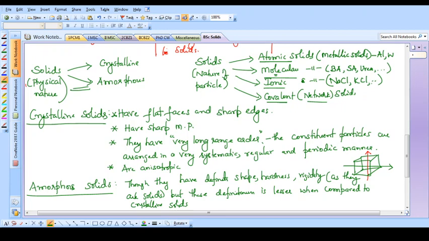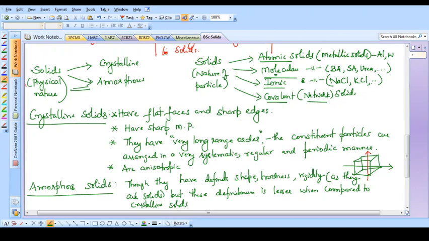And what is the force of attraction between these ions? That is ionic bond. So in metallic solids or atomic solids, it is the metallic bond that constitutes the solids. In molecular solids, it is weaker forces such as hydrogen bonding or dipole interactions. Ionic solid is because of the ionic bond between the ions.